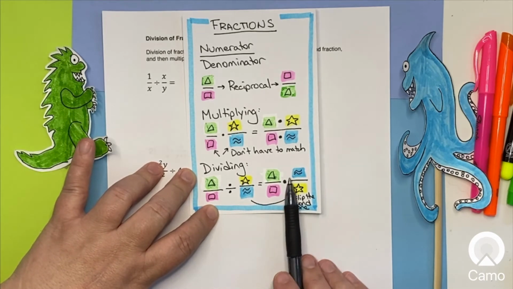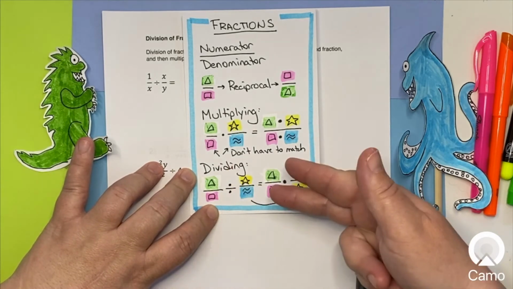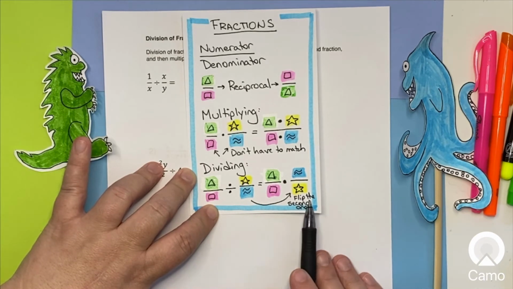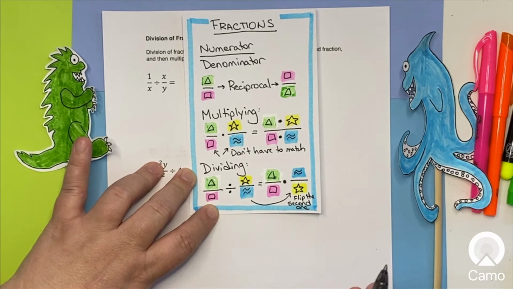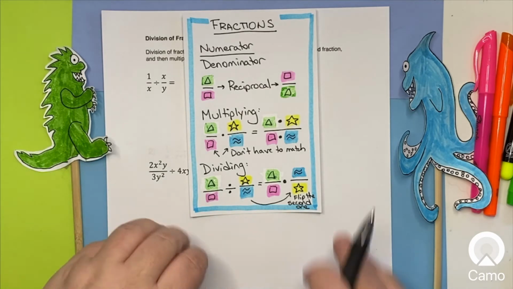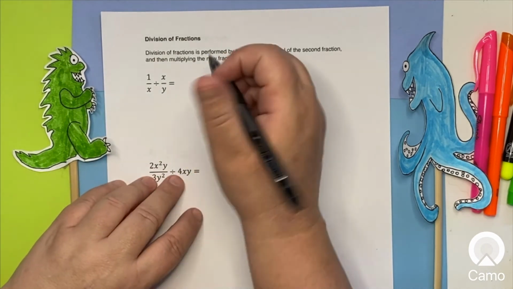If you multiply by the reciprocal, so we take the star over waves and we flip it upside down, so it becomes waves over star. So you flip the second one. Remember to flip the second one. That's the big part. So that's it. There's not actually any true division of fractions we're going to do. We're going to always switch it to multiplication. Because again, multiplication loves everyone. Woohoo! So, shall we practice some division of fractions? Yes, let's do it.